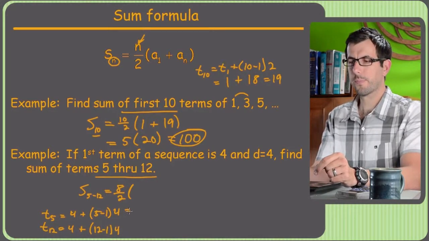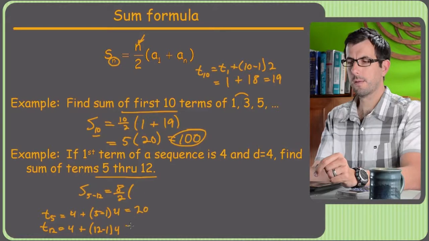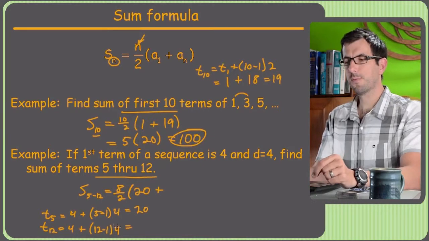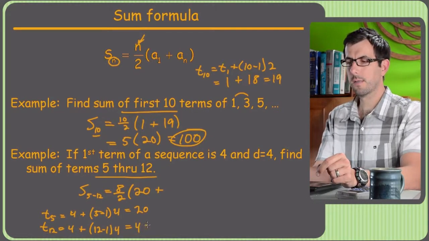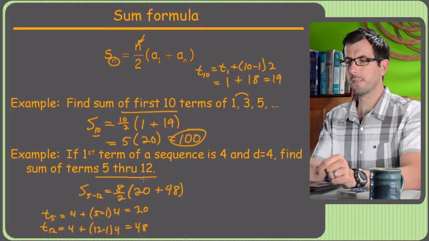All right, so 5 minus 1 is 4. 4 times 4 is 16, plus 4 is 20. So 20 goes right here. And then for this one, 12 minus 1 is 11. 11 times 4 is 44, 48. So 48 is going to be my last term, because this is t sub 5, this is t sub 12.